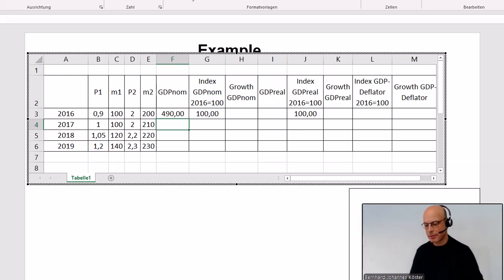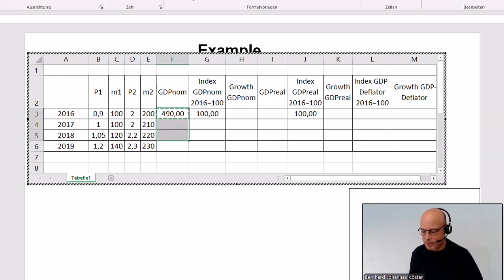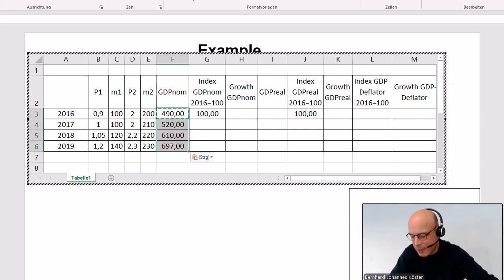And now, since I have already here on the left, you see this is the formula. This formula I can just copy down and everything is done. So let's copy this, move this downward, and we have every nominal GDP.